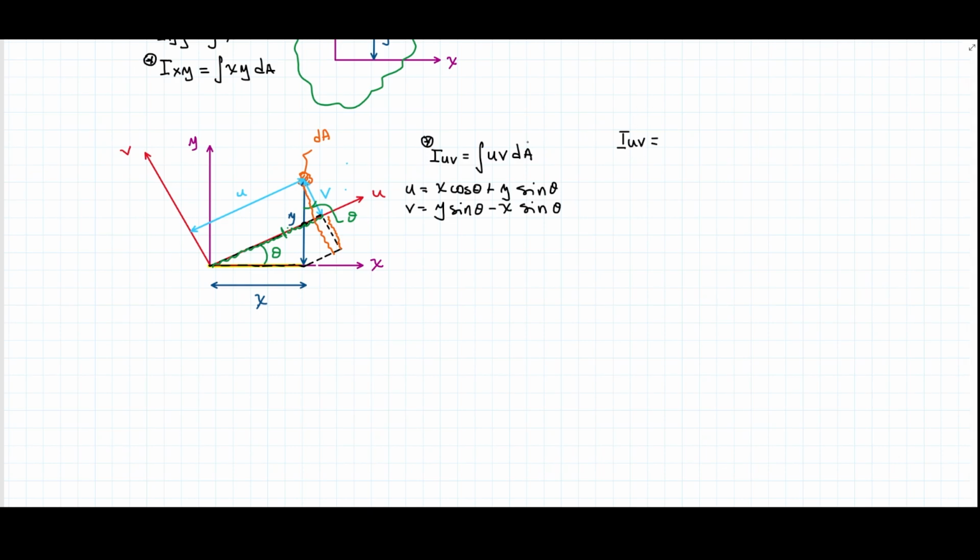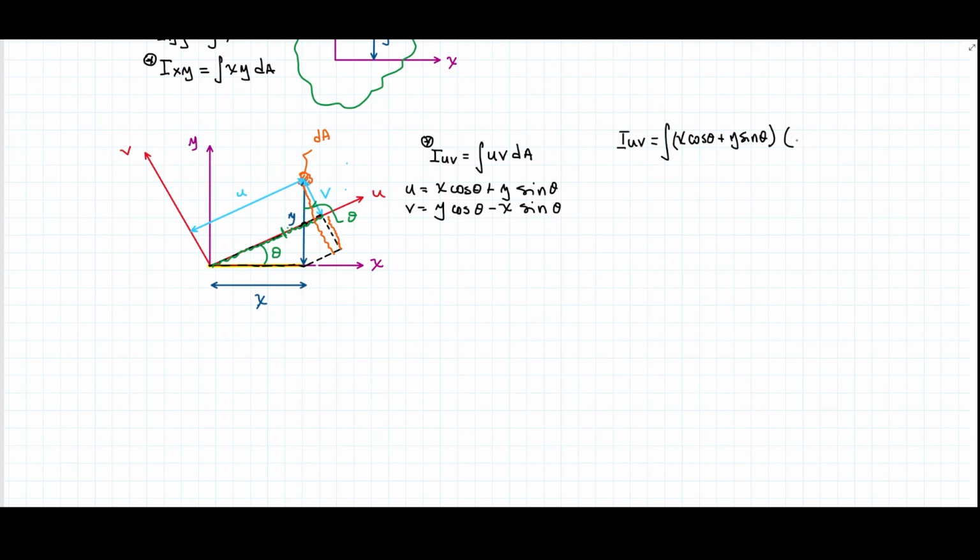Well, I know that this is equal to the integral of u times v, and that is going to be equal to this one here, plus, okay, and this one here is not sine, it's cosine, because it's this segment here, so it's defined by the cosine of that angle.